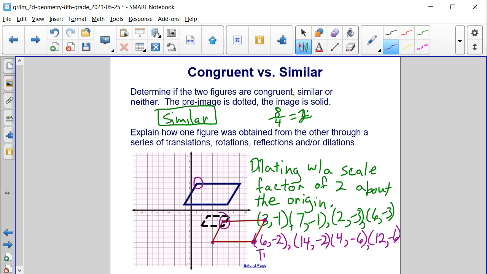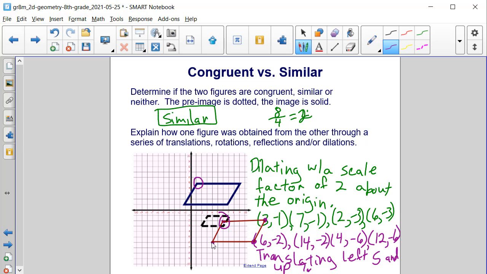So then we're translating left 5 and up 7.